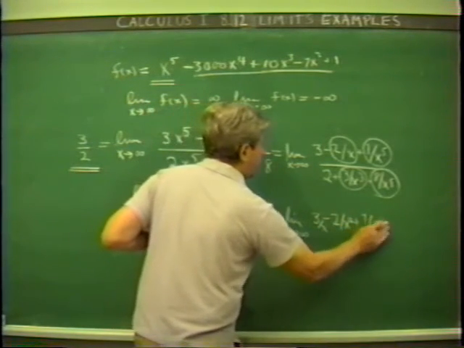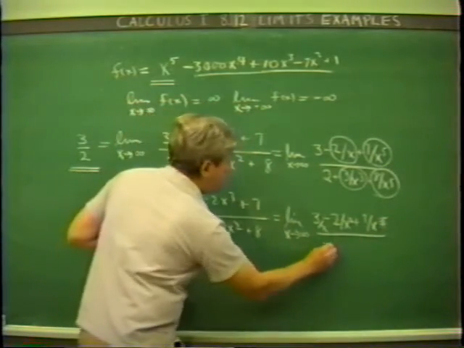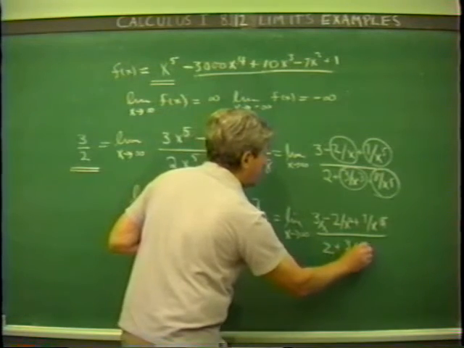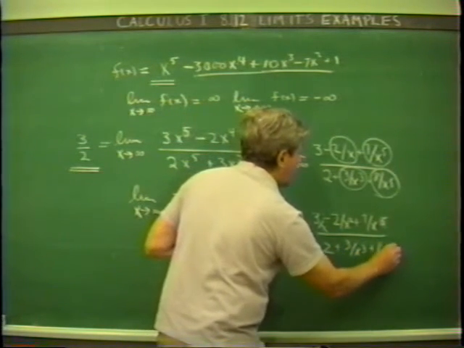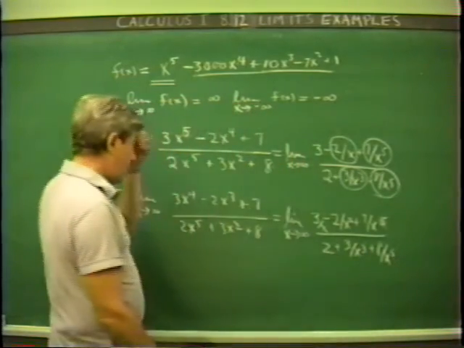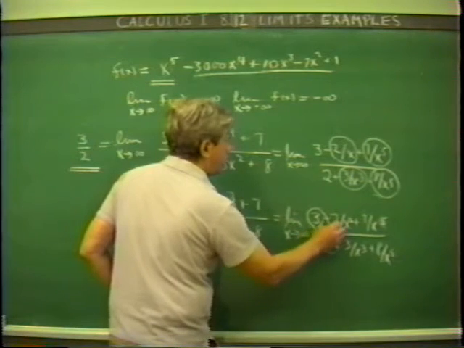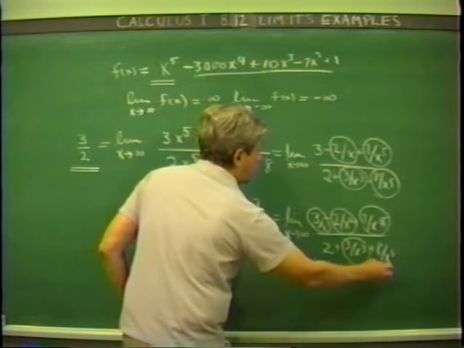So it's going to be 3 over x minus 2 over x squared plus 7 over x to the fifth, divided by 2 plus 3 over x cubed plus 8 over x to the fifth.